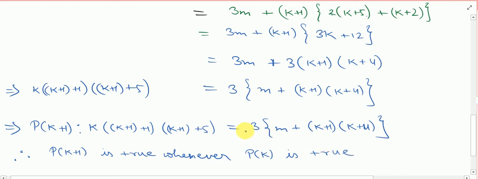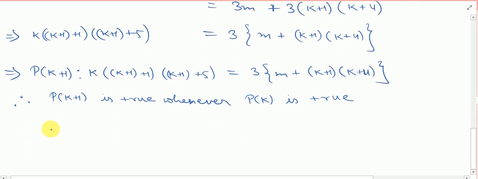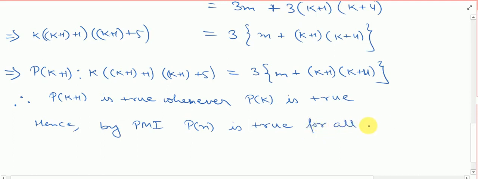Okay, clearly you can see this is multiple of 3. Okay, so therefore Pk plus 1 is true whenever Pk is true. Hence by PMI, Pn is true for all n belonging to natural number. Okay, so this question is done.